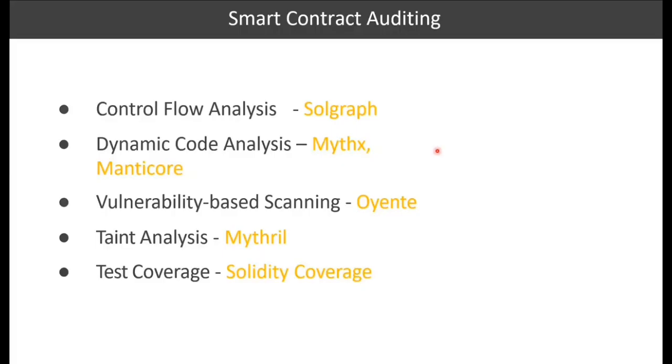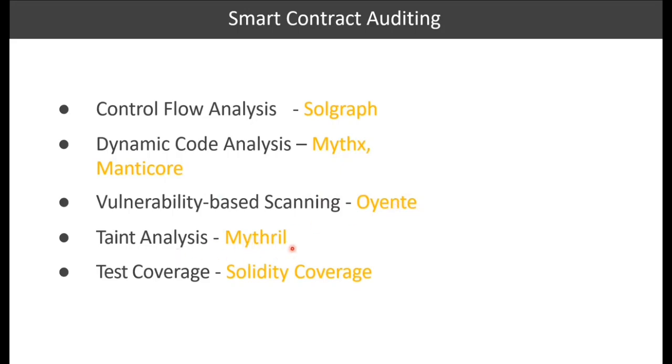There are more and more tools coming on the market for smart contract auditing. For contract flow analysis, there is a tool called SolGraph, and Sol is short for Solidity. Dynamic code analysis, Mythex and Manticore. Vulnerability scanning tools.